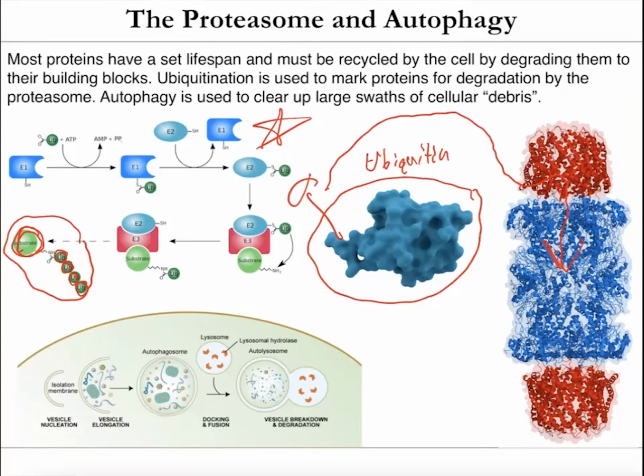There's also a process called autophagy, which is related to phagocytosis and endocytosis, which we talked about earlier. But basically, that's when the cell is basically eating itself. So it'll basically take big swaths of material, including entire mitochondria, and enclose them in this organelle called an autophagosome.